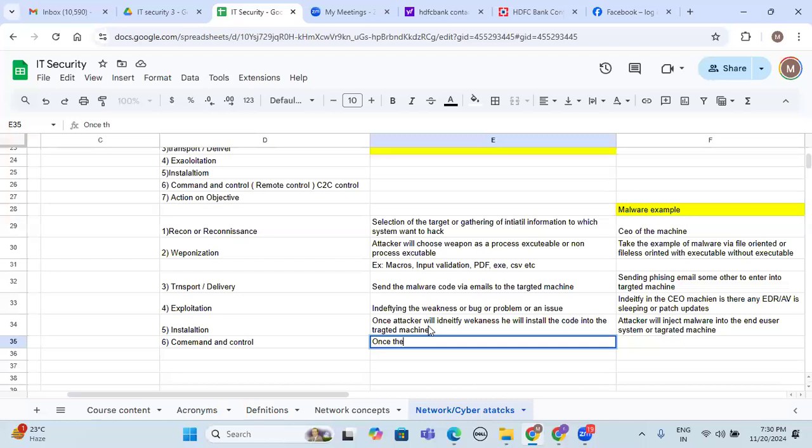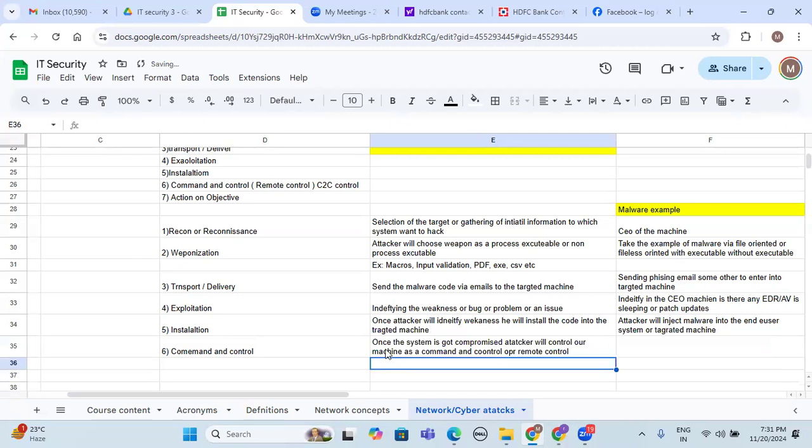Once the system is compromised, the attacker will control our machine as command and control, or remote control.